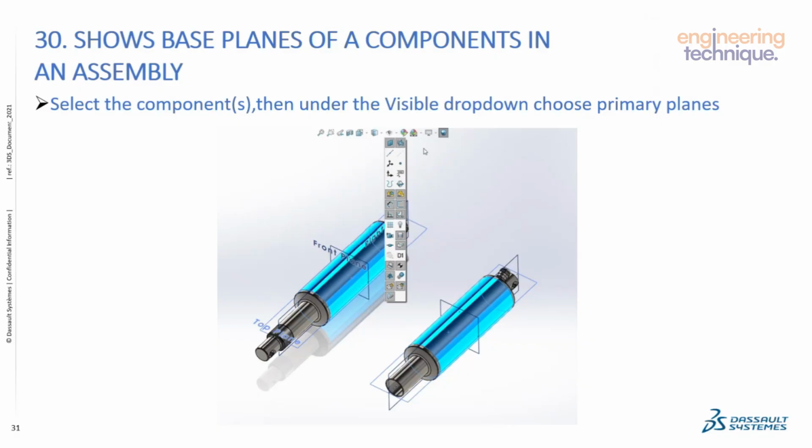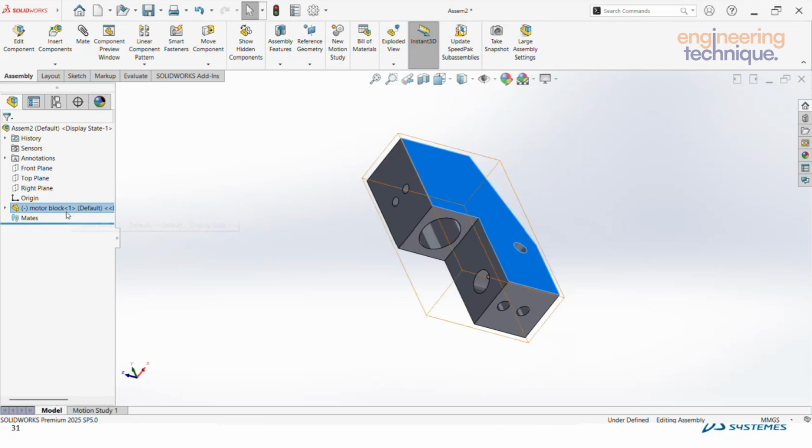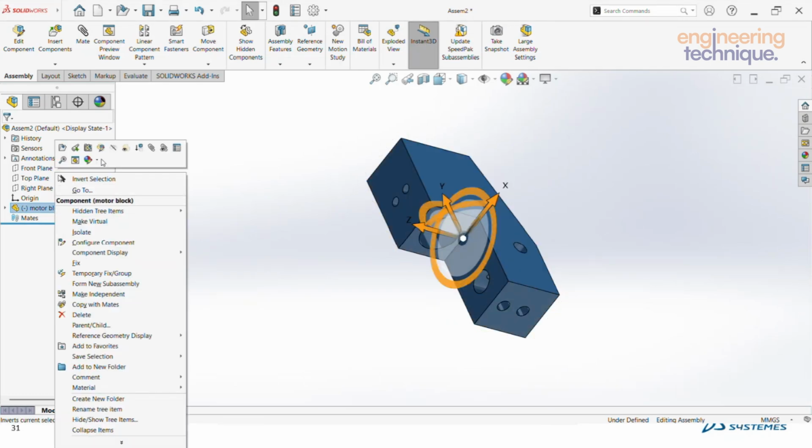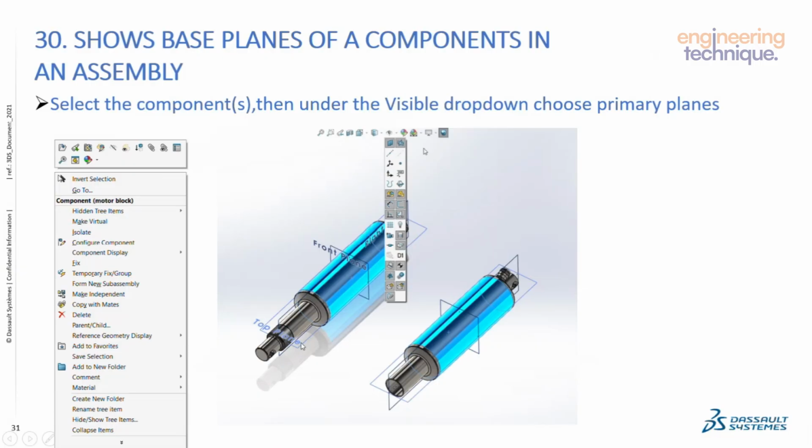At that point, we can see all the planes, and if we keep it on and move it in the assembly, it is very helpful for us to create mates and identify those geometries, and to know that the part is created near our origin point and where it is actually located. So that's why this option is helpful, and we can use it by having all the base planes activated.